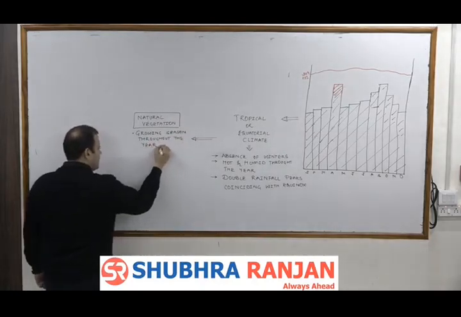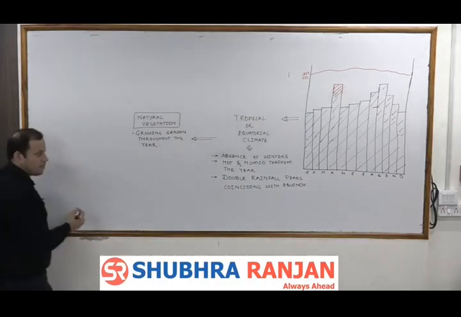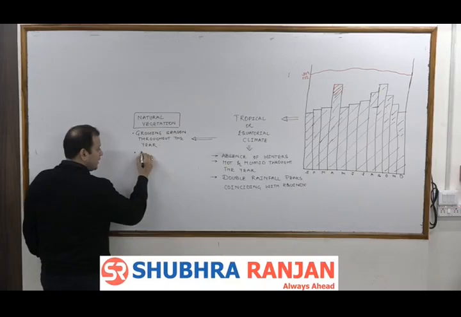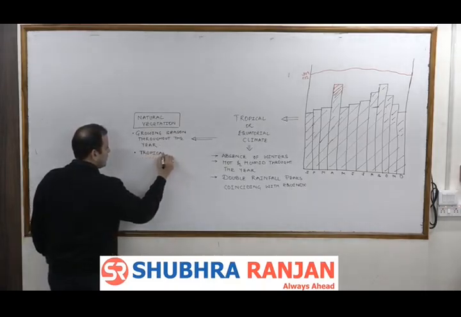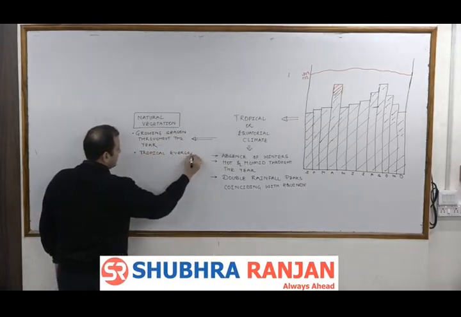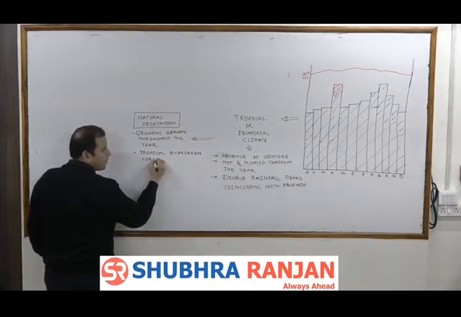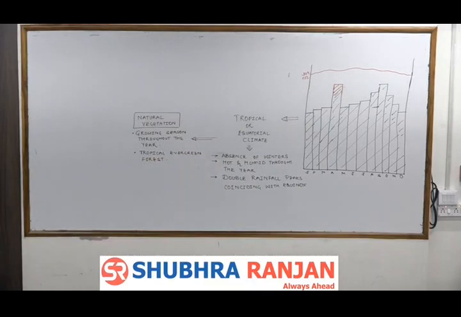Now इसका मतलब ये है that the trees can shed the leaves in any season and can grow leaves in any season, and therefore because they have growing season throughout the year, vegetation is very dense, tropical, evergreen forest. It is very dense tropical evergreen forest.